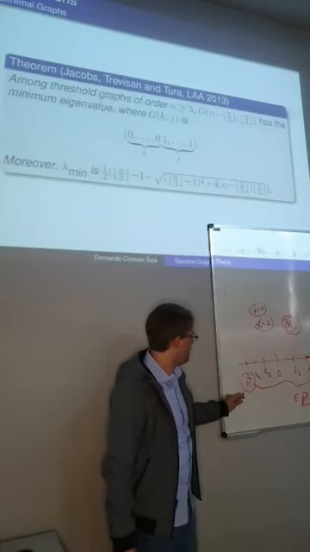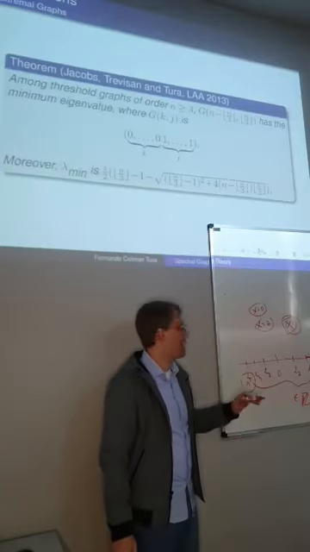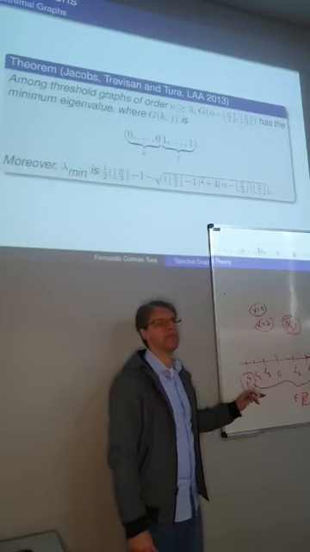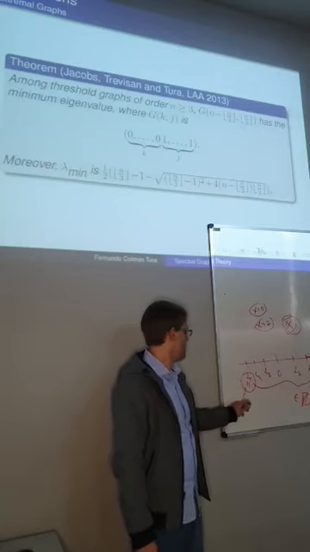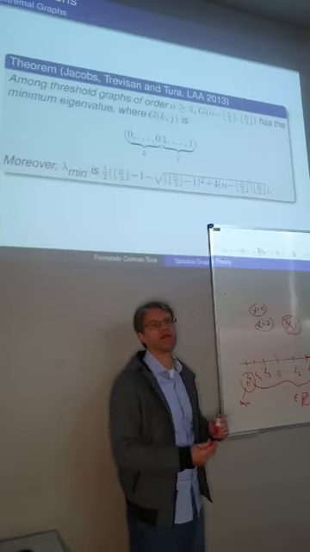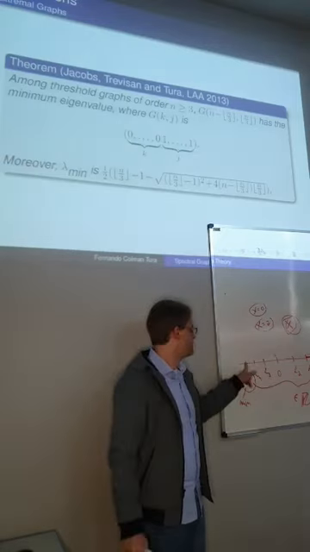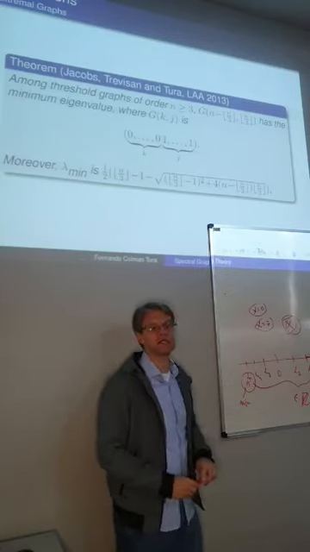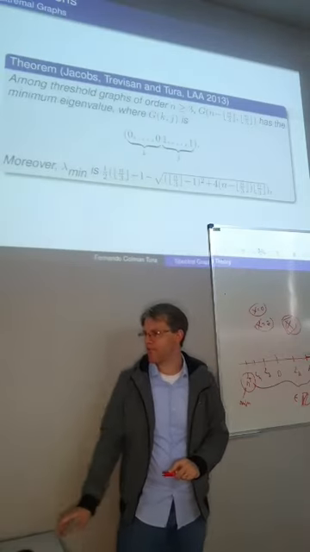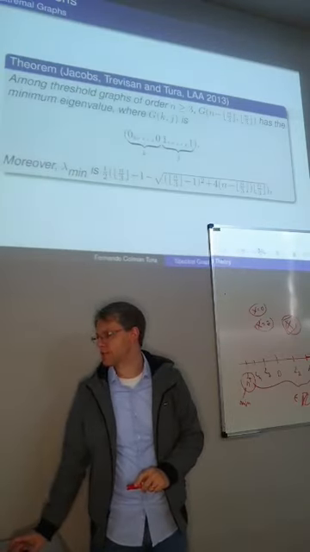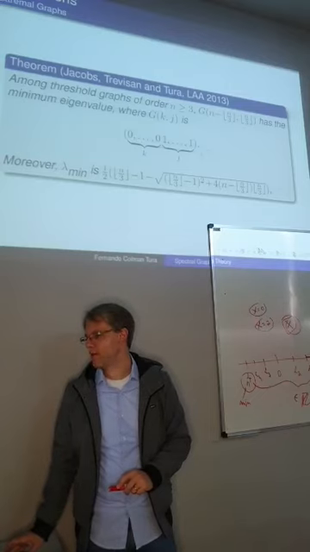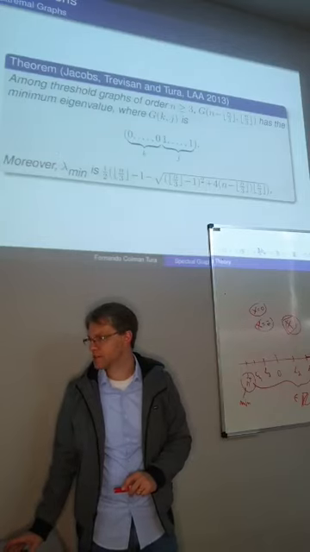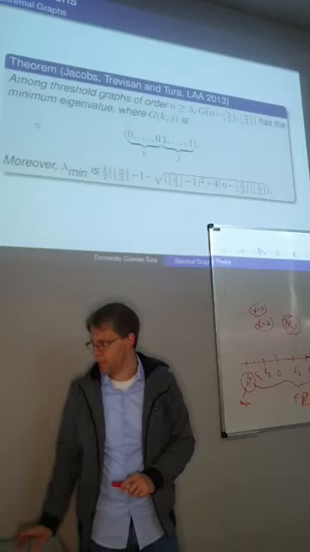Consider all threshold graphs and try to figure out which of them has this minimum value, so that any other graph must have an eigenvalue larger than this. We find this graph. This graph has this form of 0s and 1s, and moreover we find what this minimal eigenvalue is.